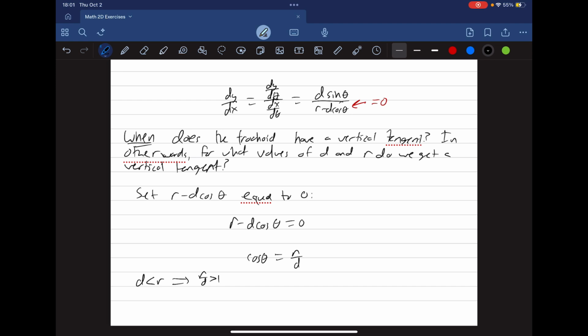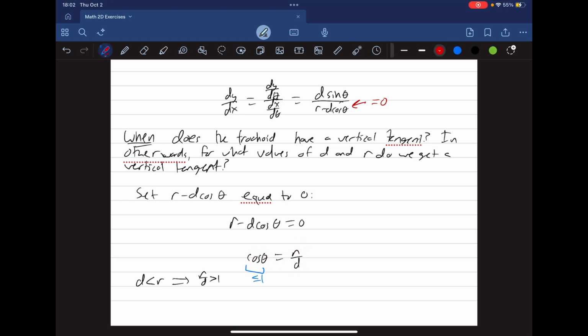And this is a problem for this equation because you might remember from trigonometry that cosine theta is always less than or equal to 1. So if d is less than r, and therefore r divided by d is bigger than 1, it's not possible for us to get this equality, because the left side is less than or equal to 1, but the right side is bigger than 1.